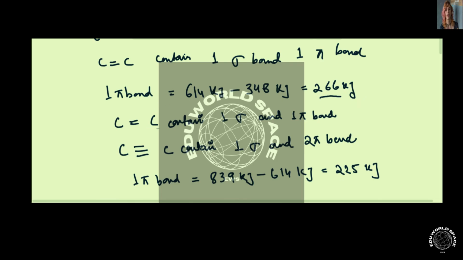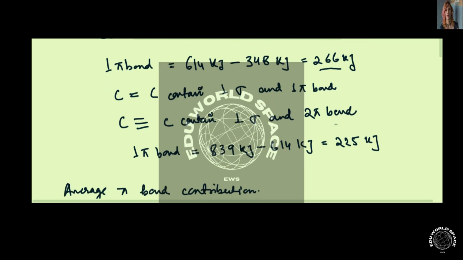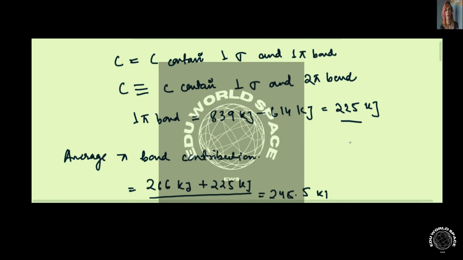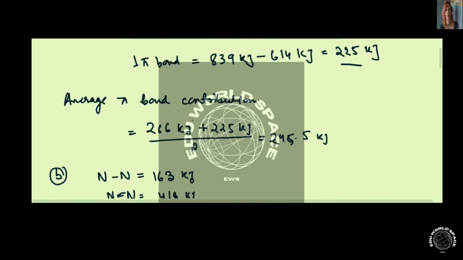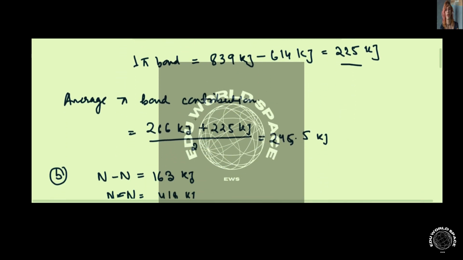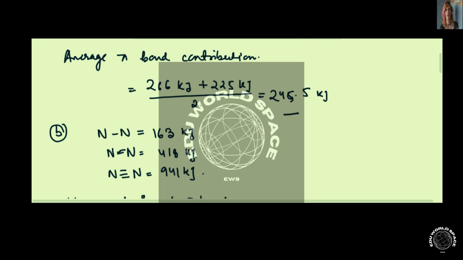One pi bond is calculated at 268 kilojoules. C double bond C contains 1 sigma and 1 pi bond, and C triple bond C contains 1 sigma and 2 pi bonds. So 1 pi bond can be calculated as 225 kilojoules. The average pi bond contribution can be calculated as 245.5 kilojoules.